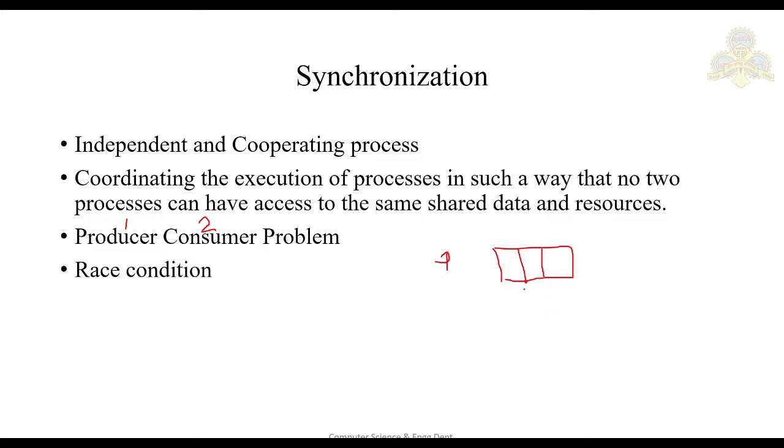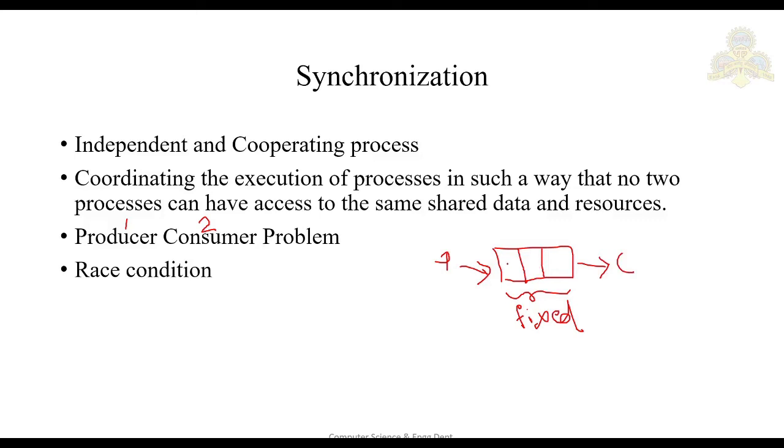We have to note here that the buffer size is fixed. So the producer process produces an item and keeps it in the buffer, and your consumer process consumes the item which is produced and kept in the buffer by your producer process.